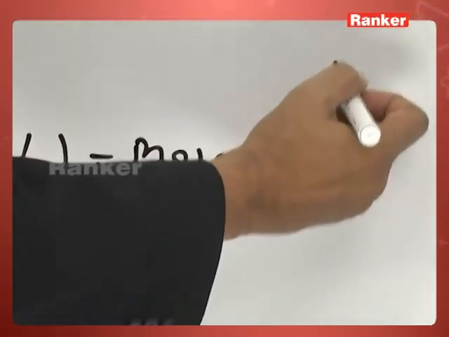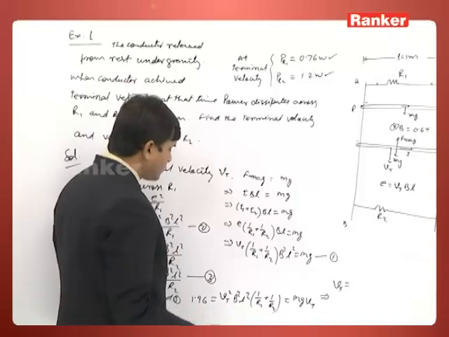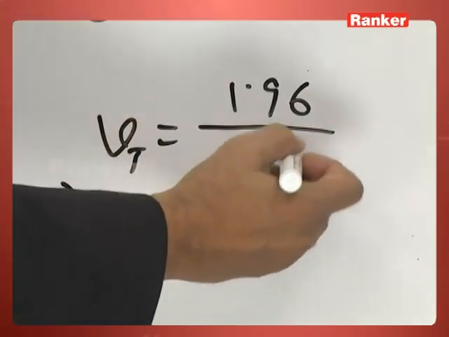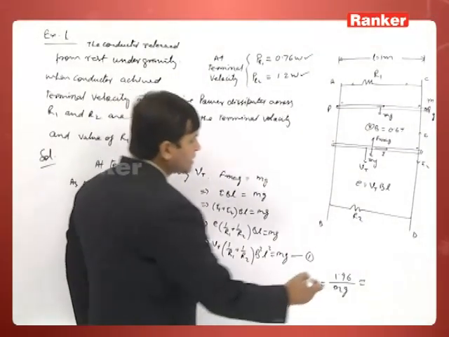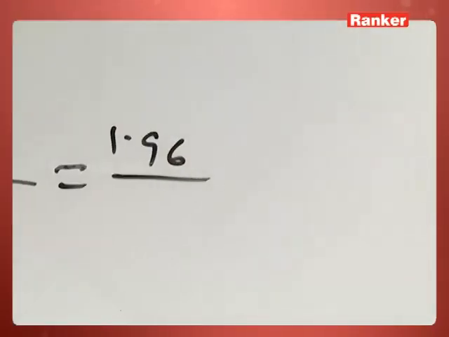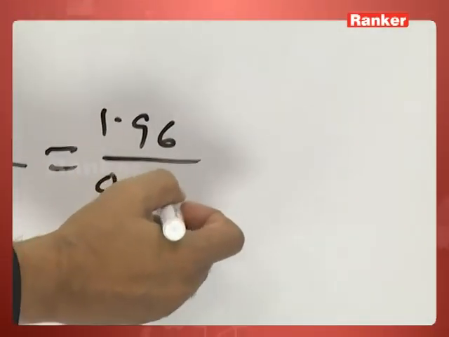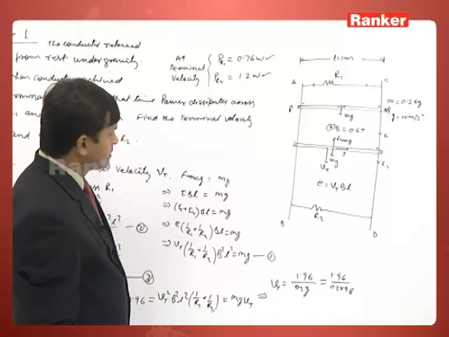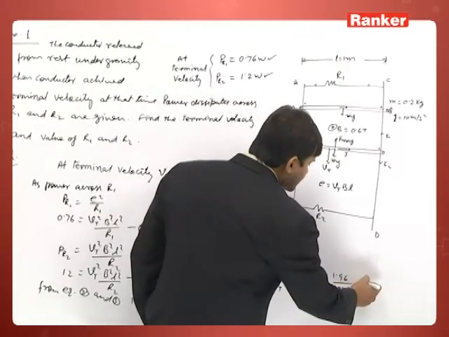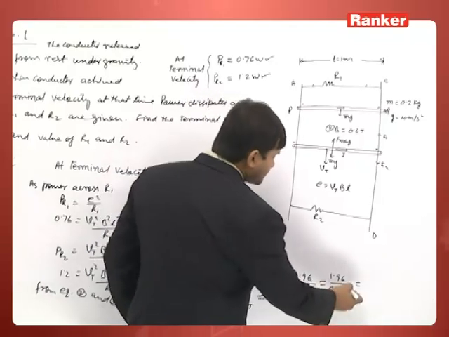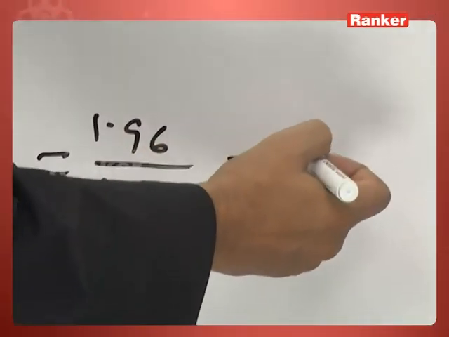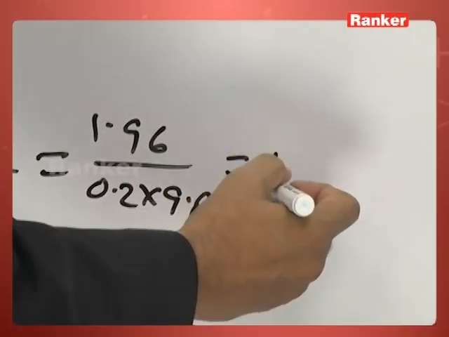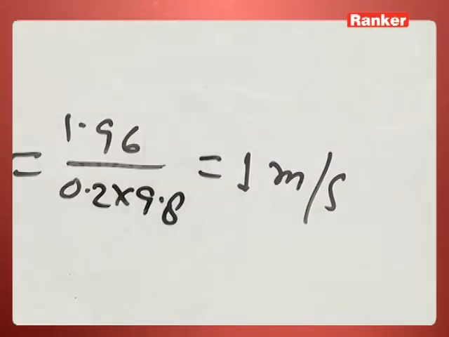So from here Vt value we can have 1.96 by mg. So m value is given 0.2, and g, if we take 9.8, then I think we can get a better option. So g is 9.8. So from here it comes to 1 meter per second.